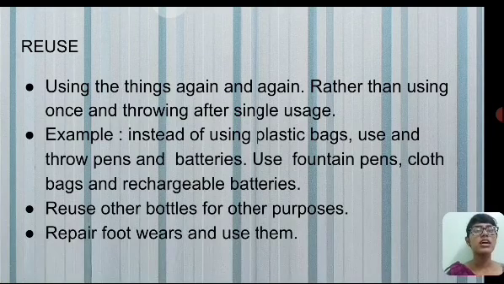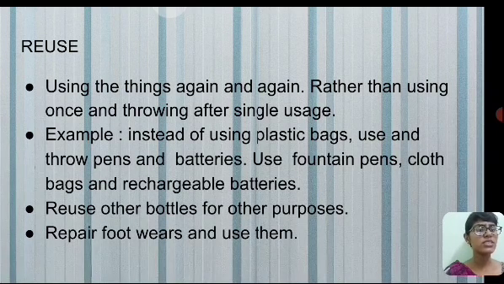Okay. Now we see the second R, reuse. In reuse, we use things again and again rather than using them once and throwing them after a single use. For example, instead of using plastic bags, we can use cloth bags. And instead of using throwaway pens, the pens which are used once, we can use fountain pens, like reusable pens.